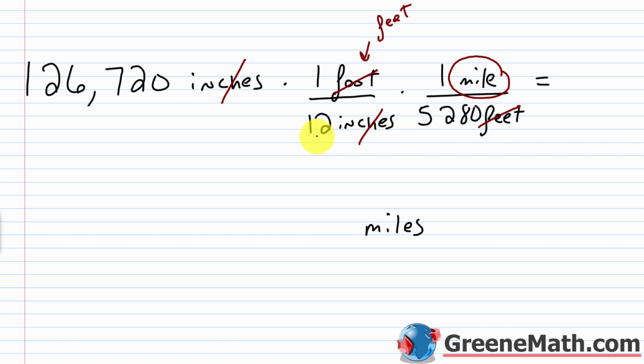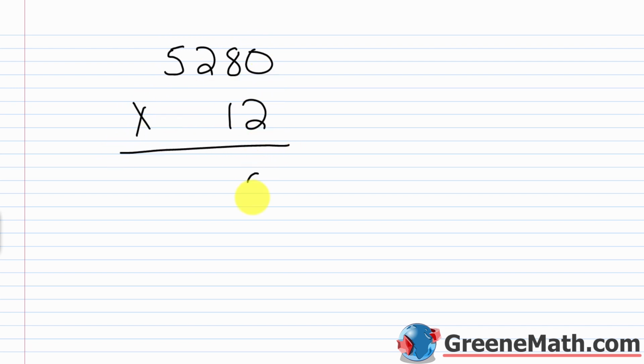Let's first multiply 12 times 5,280. 2 times 0 is 0. 2 times 8 is 16. 6 down, carry the 1. 2 times 2 is 4, plus 1 is 5. 2 times 5 is 10. Now 1 times anything is itself, but I just need to make sure that I back my answer up because I'd start in the tens place here.